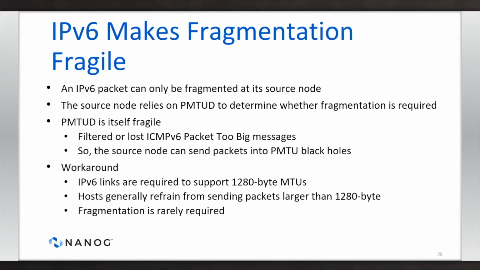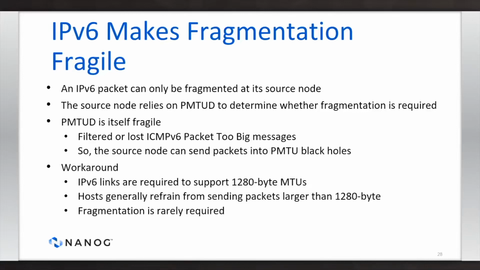So there is some chance that a source will be forwarding packets into a black hole and not know it until some upper layer complains. So what workarounds have people found in IPv6? Well, an IPv6 link is required to support a 1,280 byte MTU. Hosts generally refrain from sending packets larger than that. So fragmentation is rarely required.